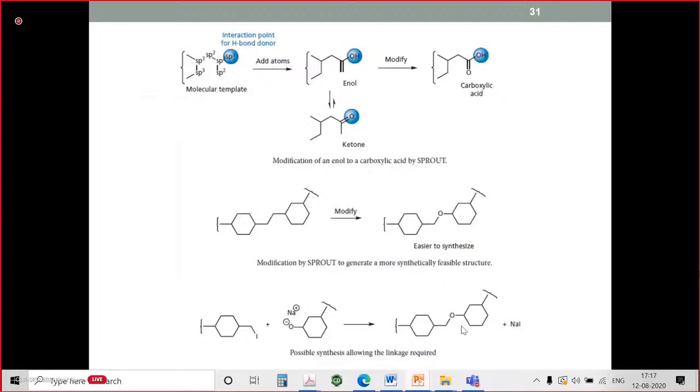So this software also looks at the possibility of a lead molecule which is synthetically feasible, because the ultimate goal is to synthesize and evaluate the molecule for pharmacological screening.